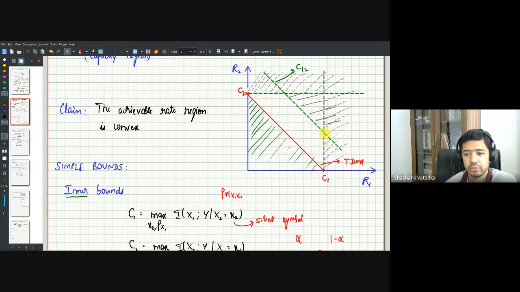Right? So we know that the set of achievable rate pairs should lie within this region, but we don't know if all of these rate pairs are achieved. We know that everything outside this pentagon is not achievable. So the gray area is completely not achievable, but we know that the green region is achievable.